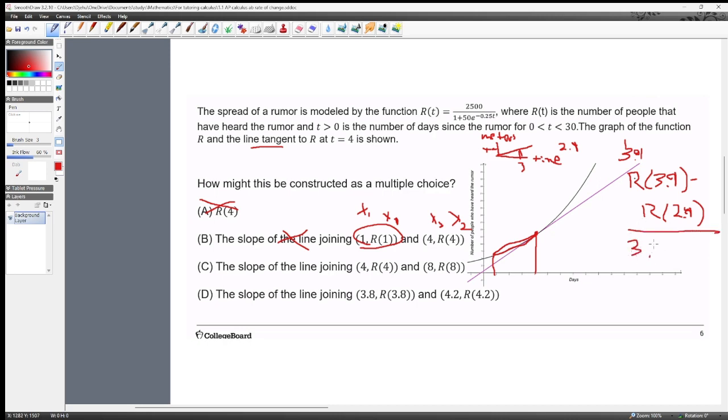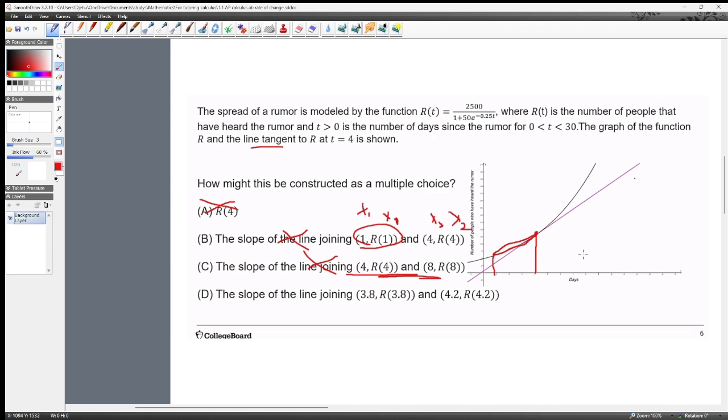So here I'm just giving an example of 3.9, f of 3.9, or r of 3.9. And for this example, I'm using r of 3.9 minus r of 4.4.